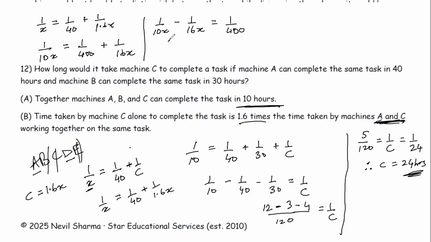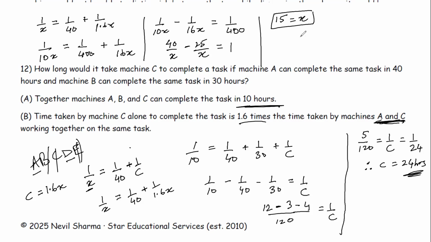If I multiply 400 both sides, I get 400 by 10x, which is 40 by x, and 400 by 16x, which is 25 by x, which is equal to 1. Now 40 minus 25 is 15 upon x is equal to 1, right? So therefore that is x.